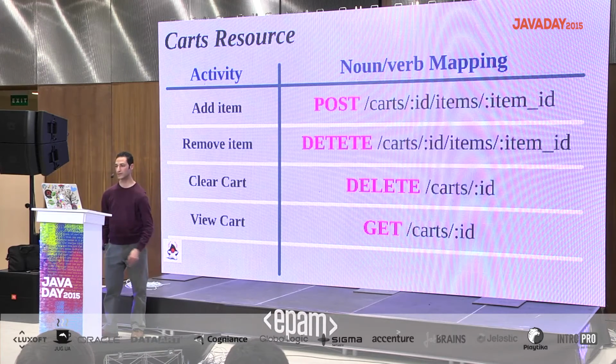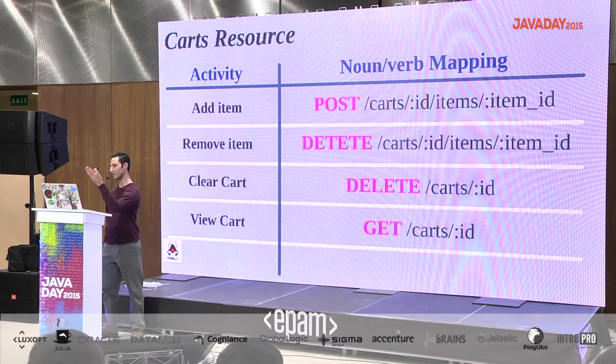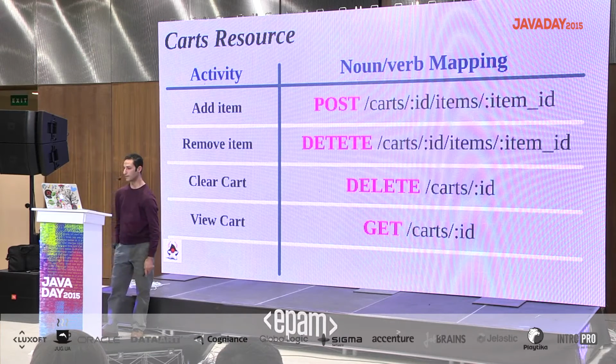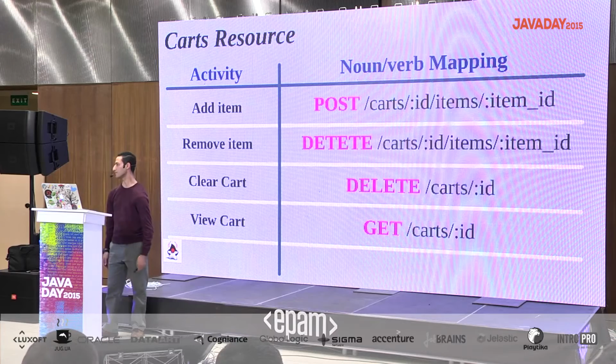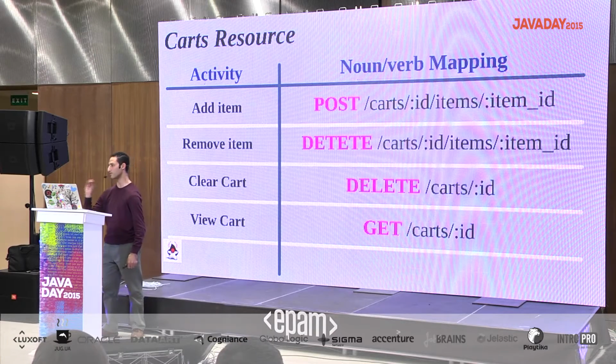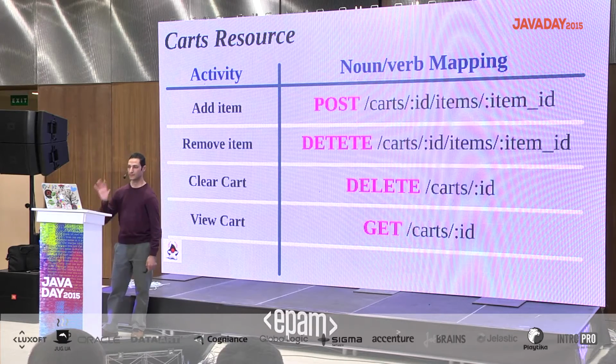The other one is the same, but using DELETE, so you're deleting from cart number 1 the item number 1, 2, 3, 4, whatever you want. The clear is just a delete: clear all the content. You don't have to specify the items because you're just clearing the collection. This is how we mapped our activities to HTTP.